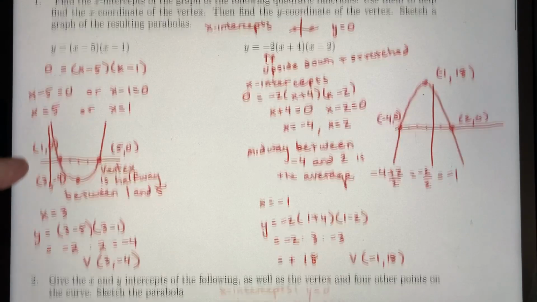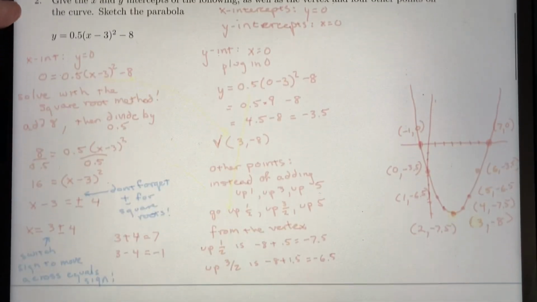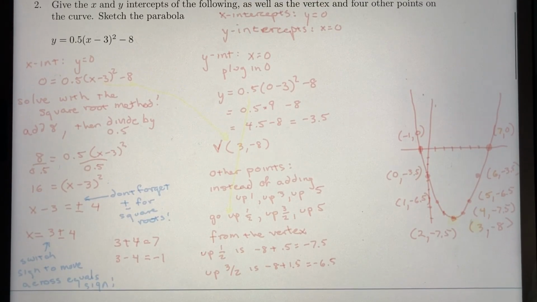Okay. Now in vertex form, we can do the same sort of things. We get the x-intercepts by getting y equals 0. The y-intercepts, how do you do y-intercepts? Could it possibly be that the x-coordinate is 0? Why, yes, Dr. Peterson, it certainly is.